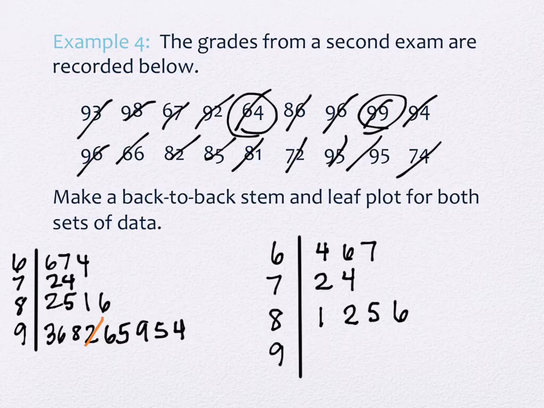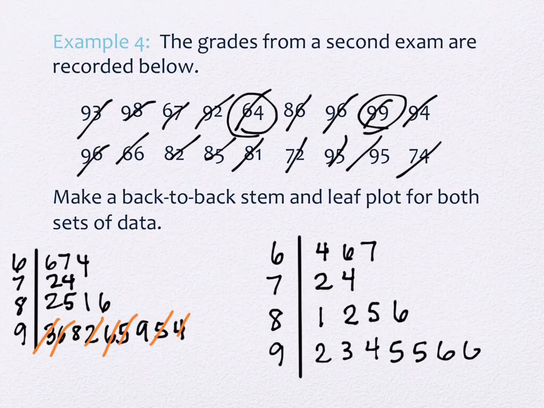I have 2, 3, 4, and then I have two 5s, so 5, 5, 6, 6, and then I have 8 and 9.